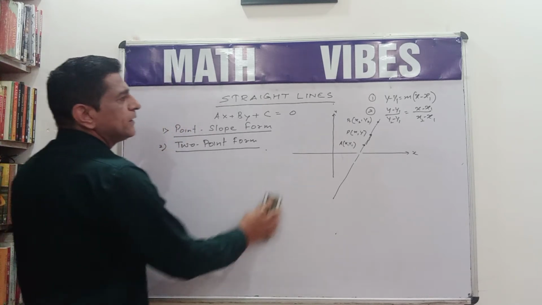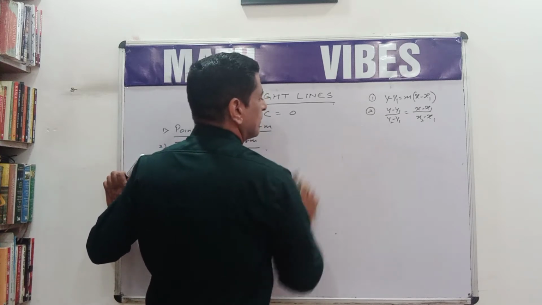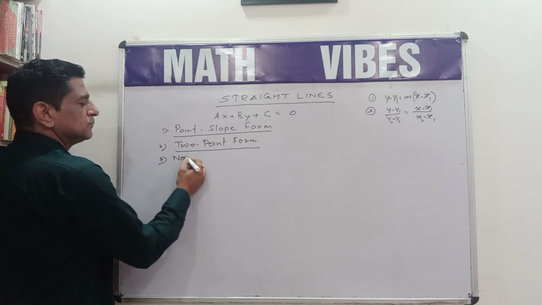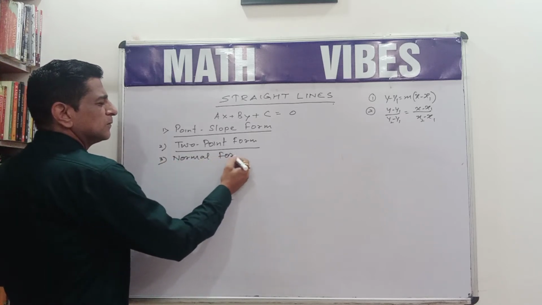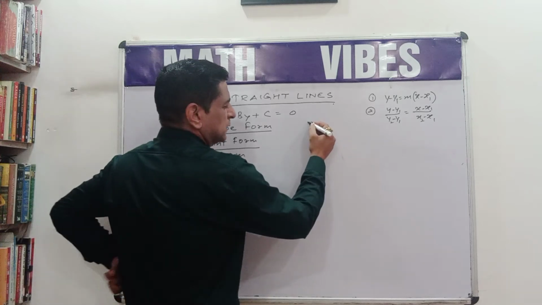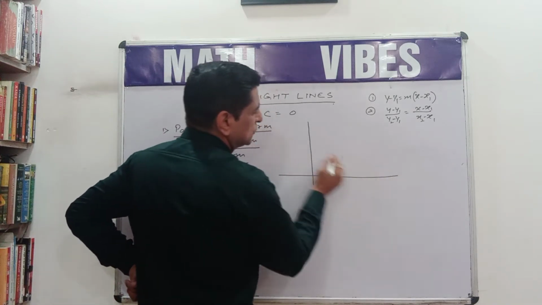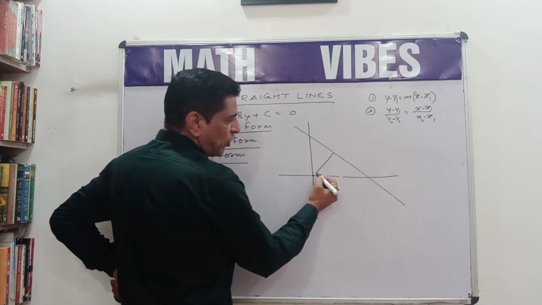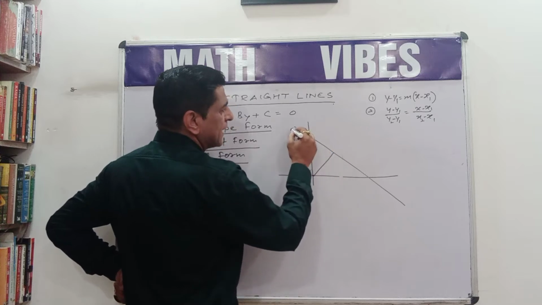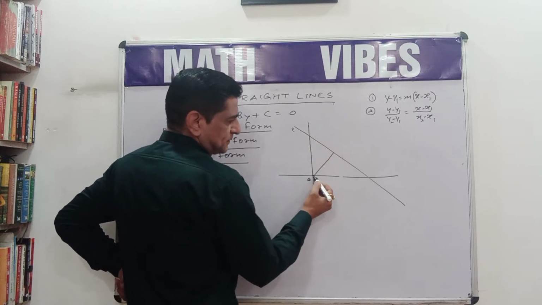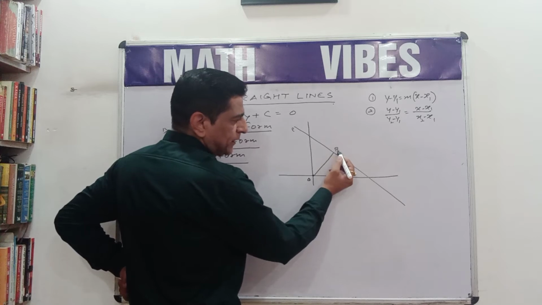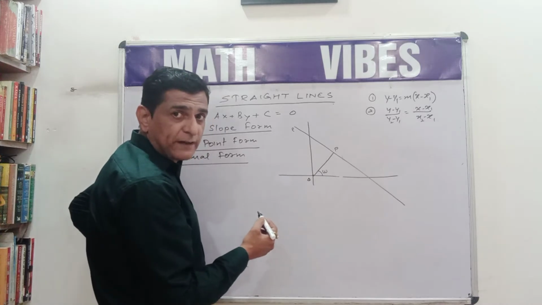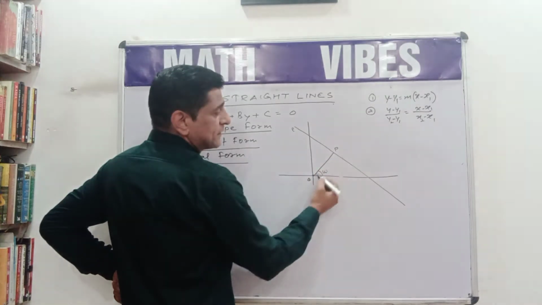Now the third form of equation, the equation of a line in normal form. So this is a line and this is a normal, meaning a perpendicular drawn from the origin to the line. Suppose the line is L and the perpendicular from the origin lands at P and it makes angle omega with the positive direction of the x-axis, and the length of this normal is p.